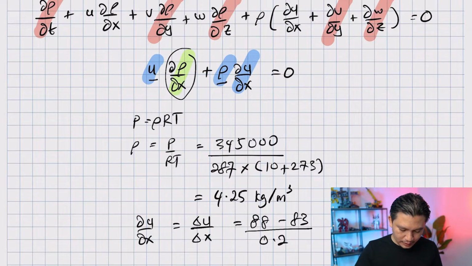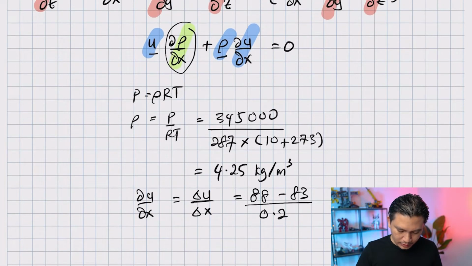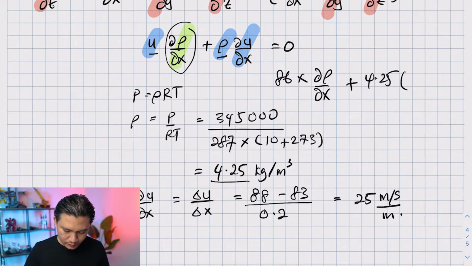So if I write it here, now u is 86. So 86 times del rho over del x plus rho, which is 4.25, times del u over del x, which is 25, equals 0.